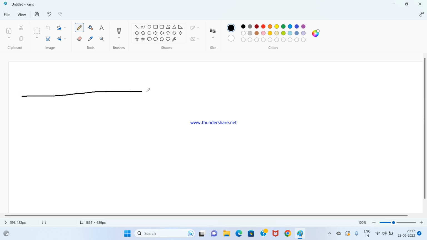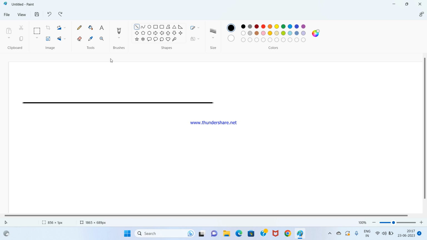So let us take one time axis, and there are some impulse functions. Those are the impulse functions.